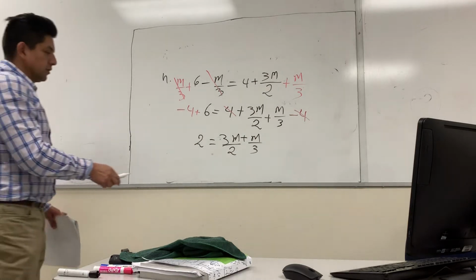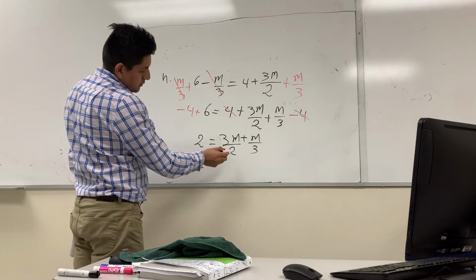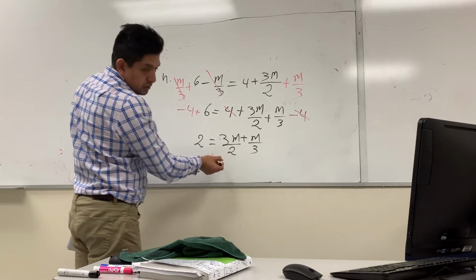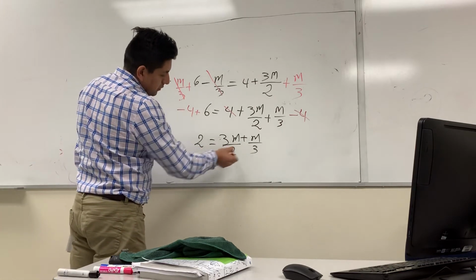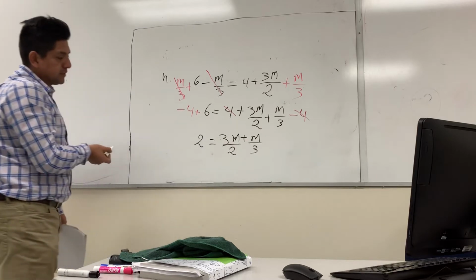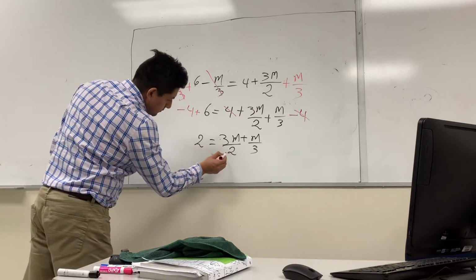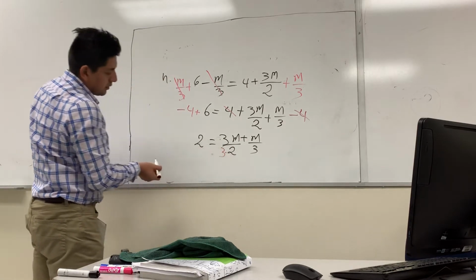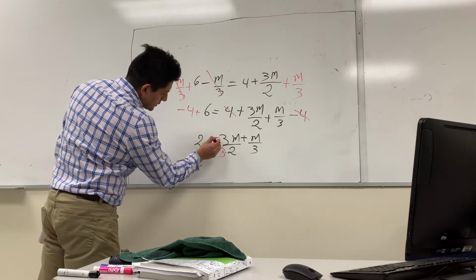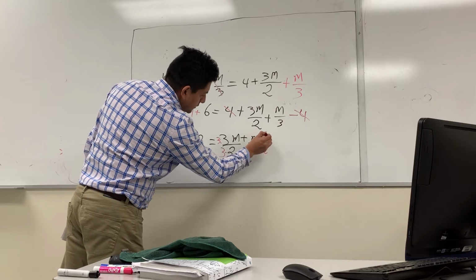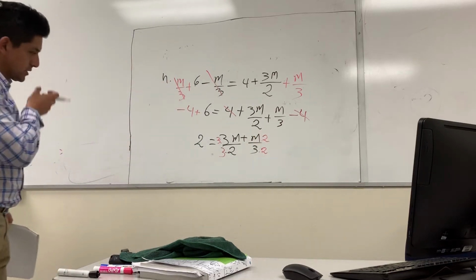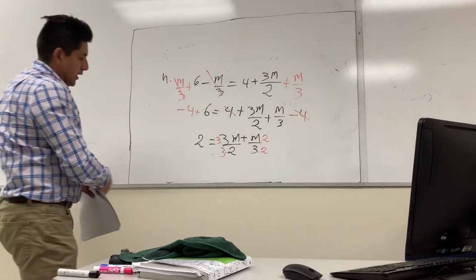Okay, so at this point, what I can do is have those denominators become common. So 2 and 3 are divisible by 6, so I can multiply times 3 on the bottom, times 3 on the top, and times 2 on the bottom, and times 2 on the top as well, so I don't change the values.